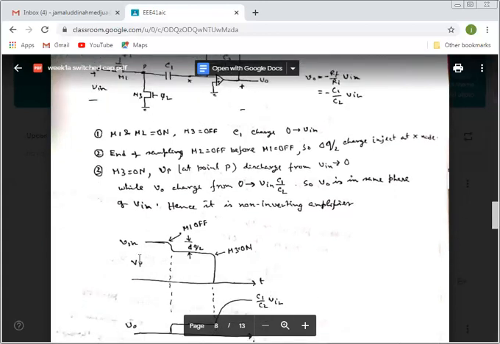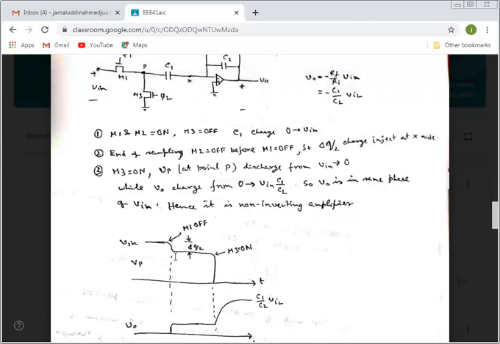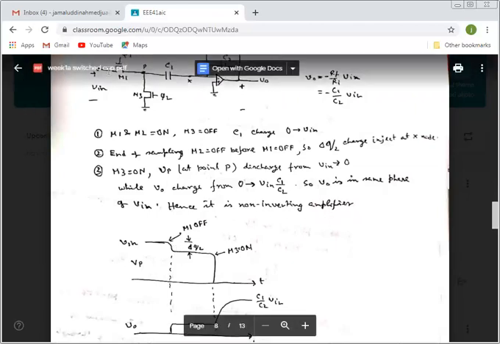The point P was at Vin, and when M1 turns off, this goes down a little bit.